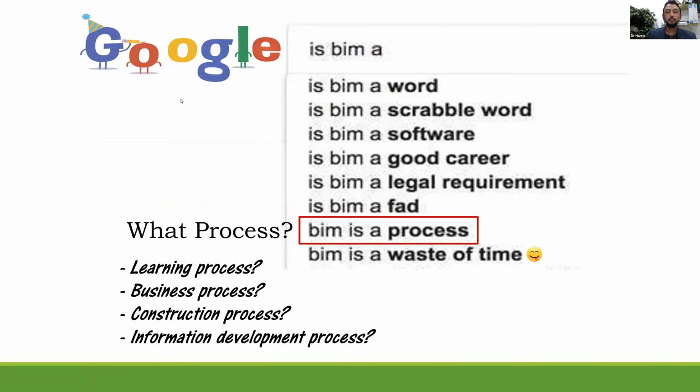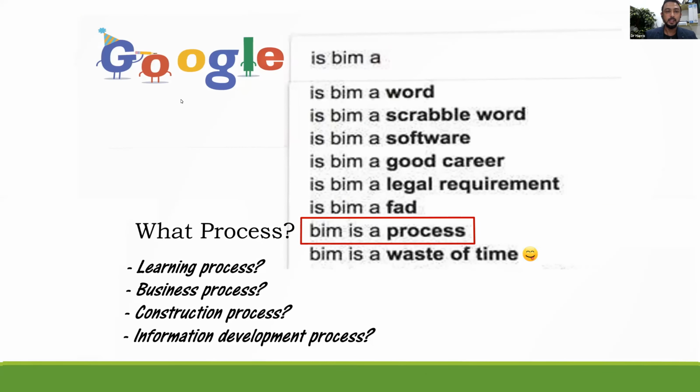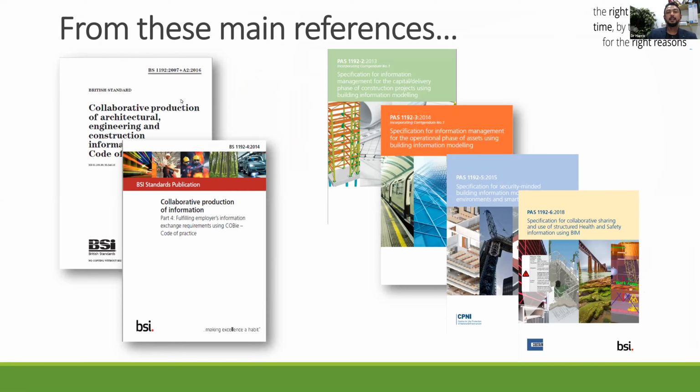Based on the documents that I showed you earlier, in terms of the standards, in order to implement BIM, we already have the standards developed in the UK by the British Standard Institute. You got PAS 1192-2, PAS 1192-3, 5, 6, and BS 1192, and so on. So based on all these documents, it shows that BIM is about the information development process.